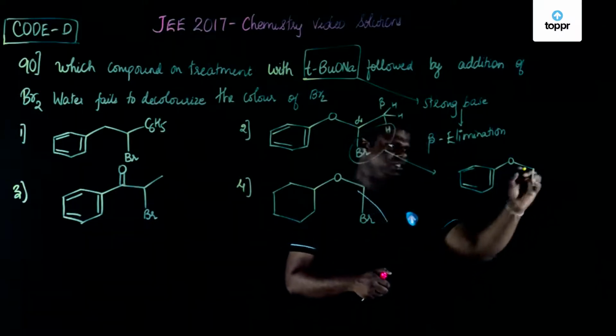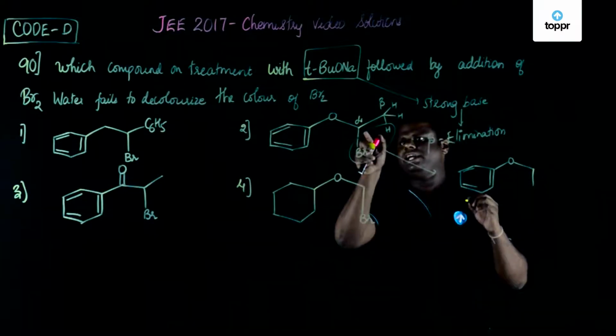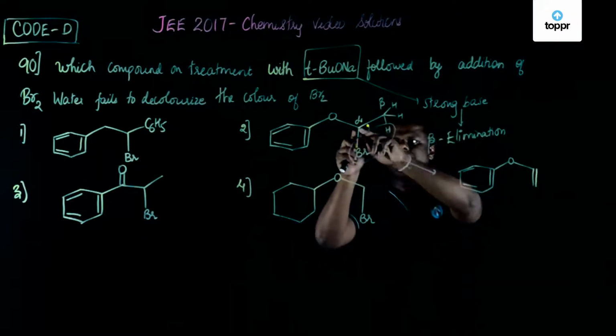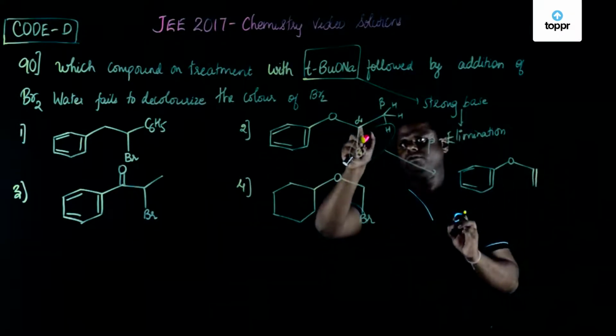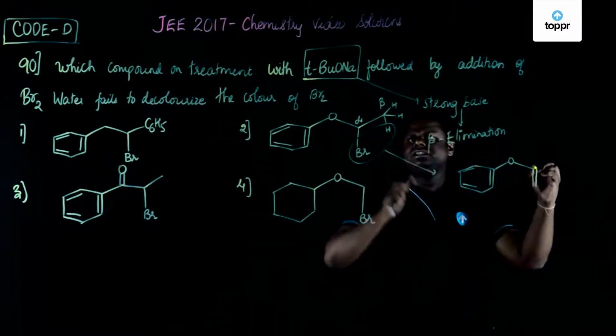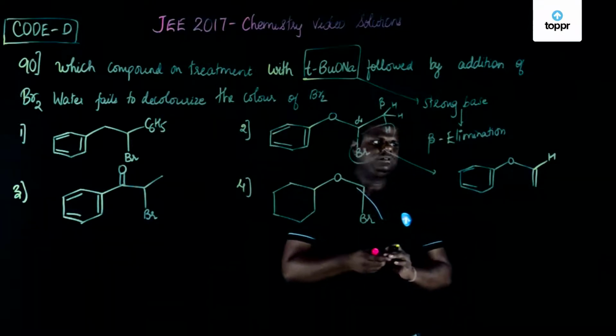So there was a Br initially. Now the Br is removed and there is a double bond over here. I'm just going to write it this way because I have already put one bond over here, right? So this is nothing but CH2, and there is 1 hydrogen, sorry.